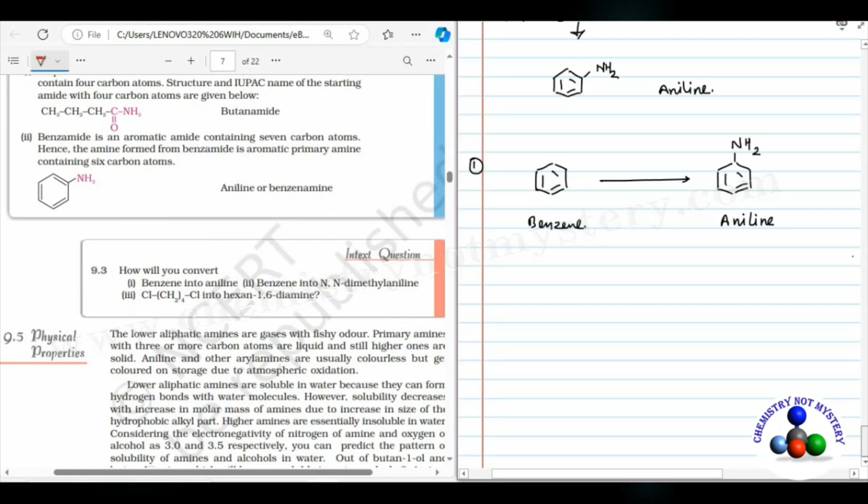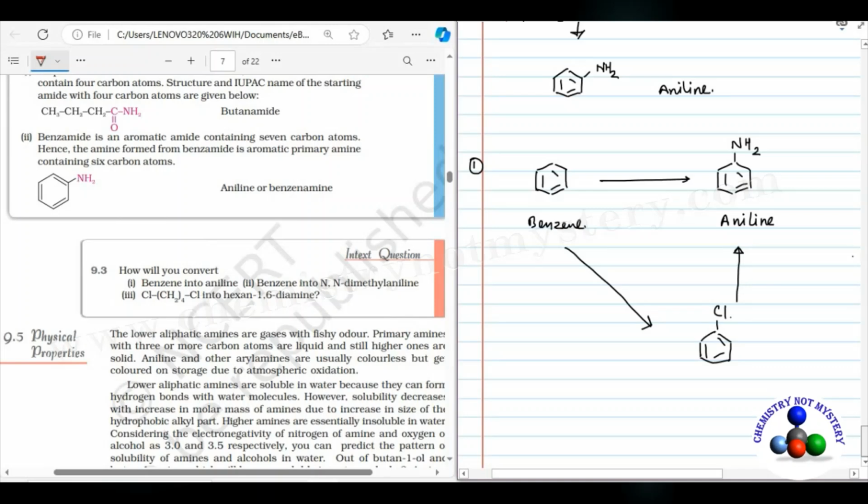So let's start from the product. Aniline can be prepared by the nucleophilic substitution of chlorobenzene. So here I can draw the structure of chlorobenzene. Now you have to think how you can prepare chlorobenzene from benzene.